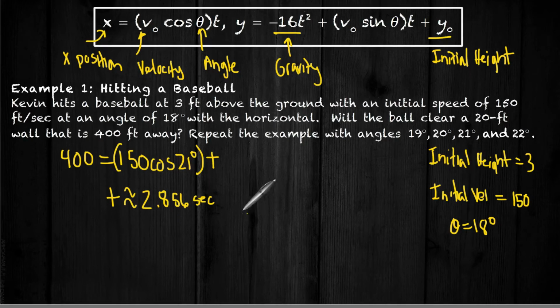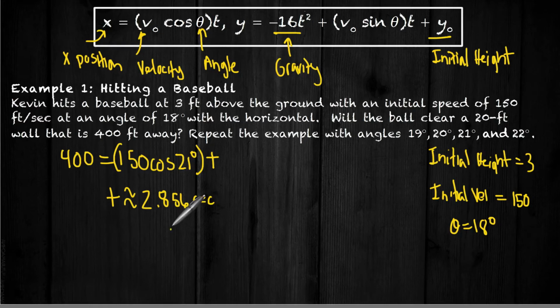And then what we want to do is figure out how high the ball is at that time. So we're going to take that time and plug it into our y equation, and that will give us the exact height that the ball was at the time when the ball was 400 feet away from where the ball started.